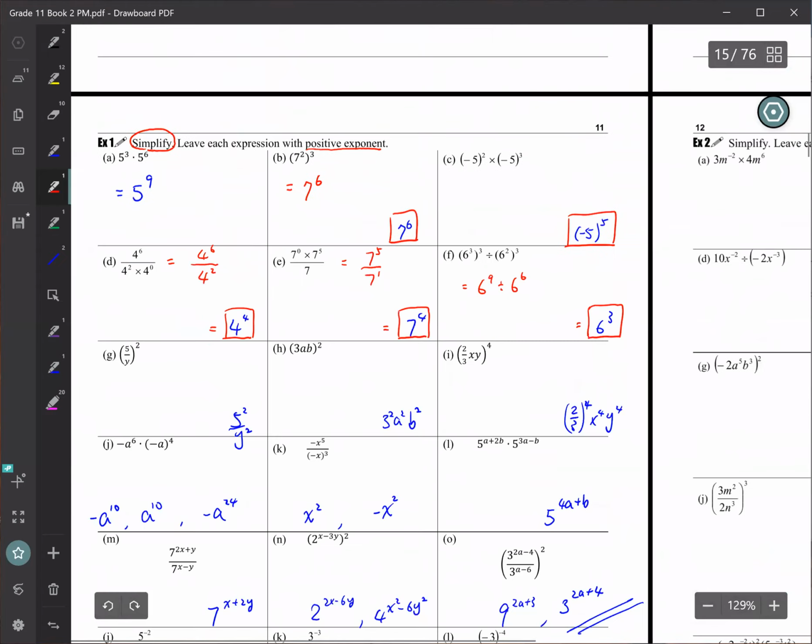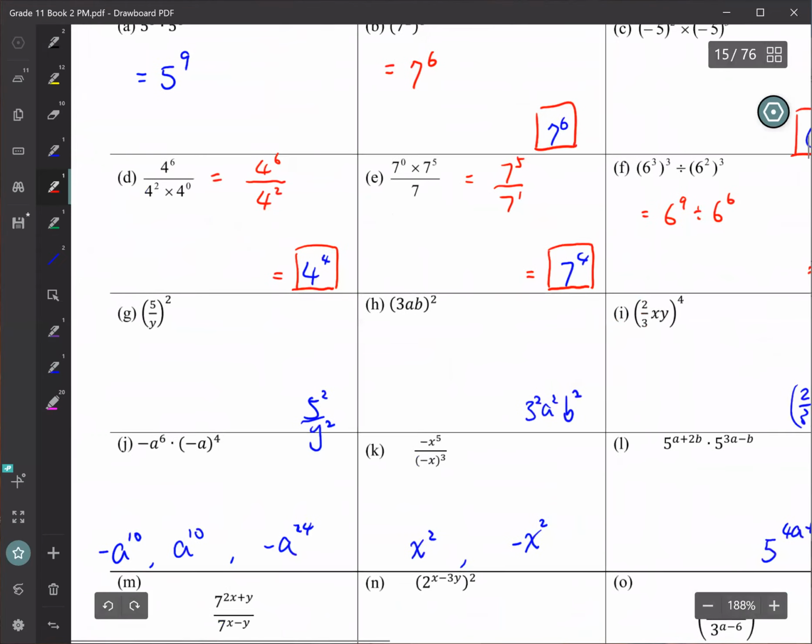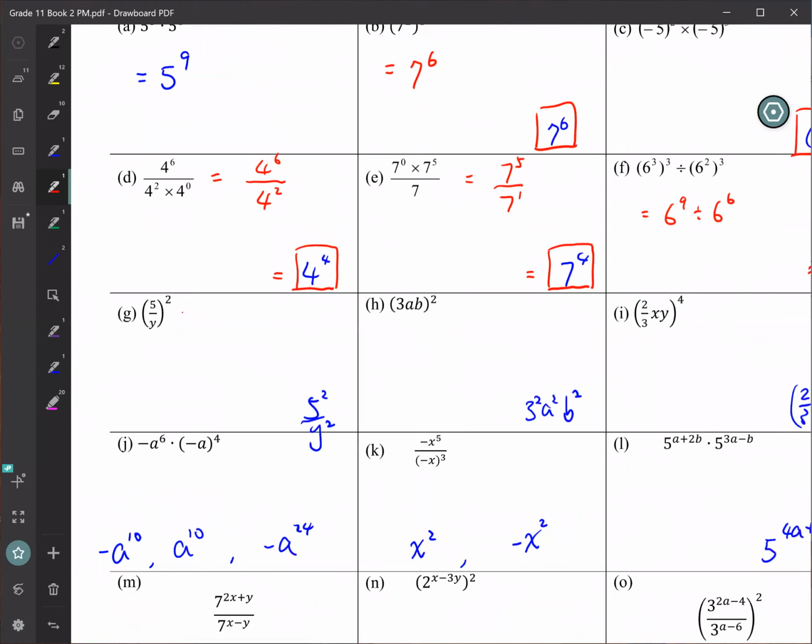So let's go back. All of you did the first step, sharing the square, but because you have a 5 squared on the top, your final answer, you need to find the answer for 5 squared. So remember, keep it in this answer.